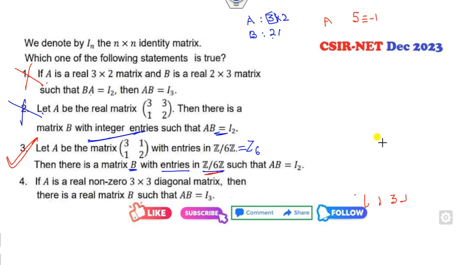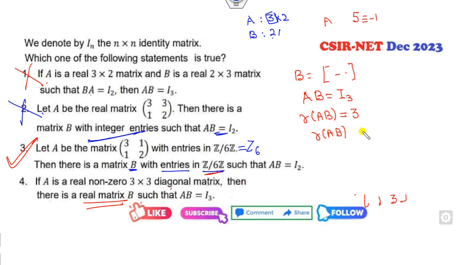Now look at the last option. A is a 3 cross 3 diagonal matrix, then there exists a matrix B. You have to find the matrix B such that AB is equal to I3. That means your target is to prove the rank of AB is 3.